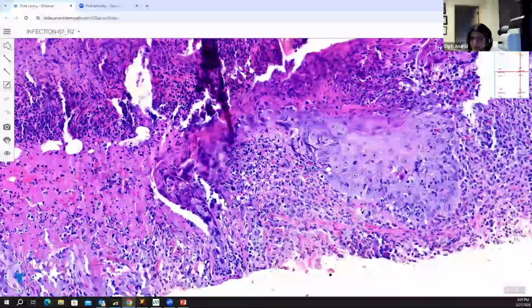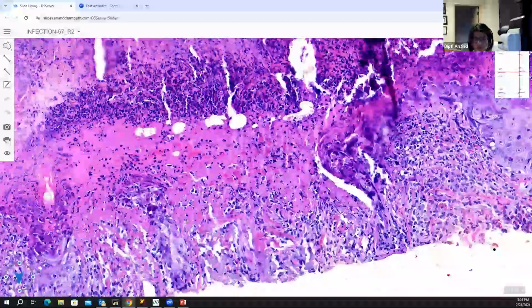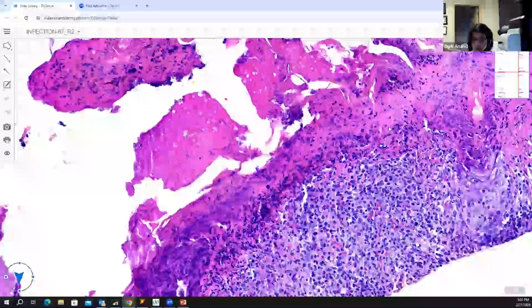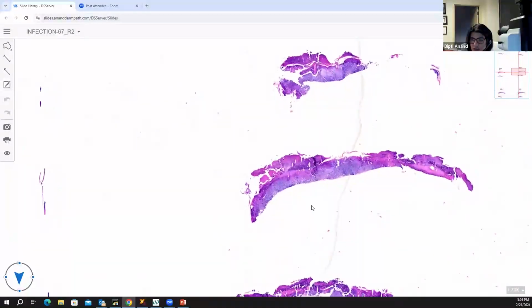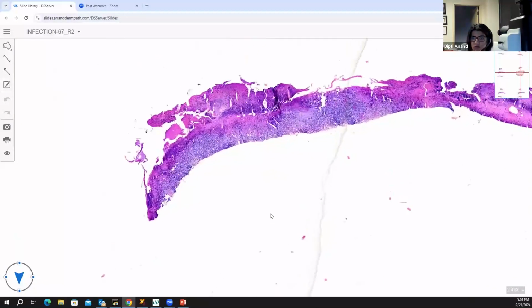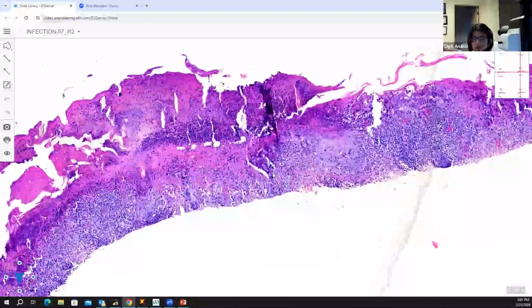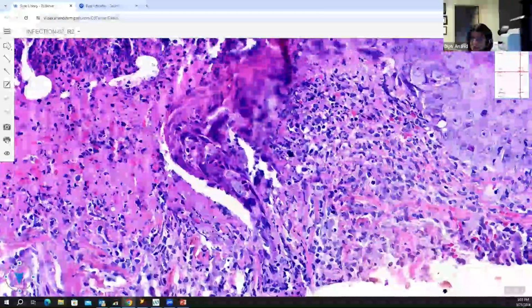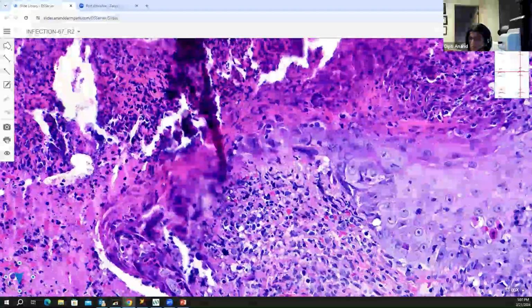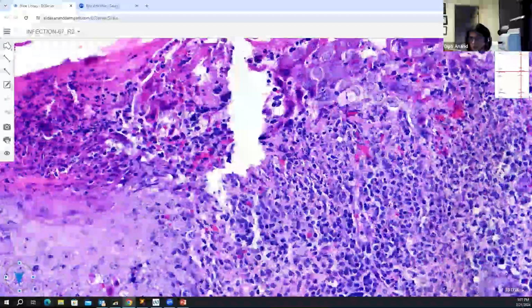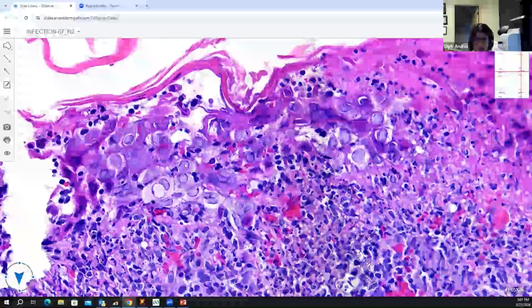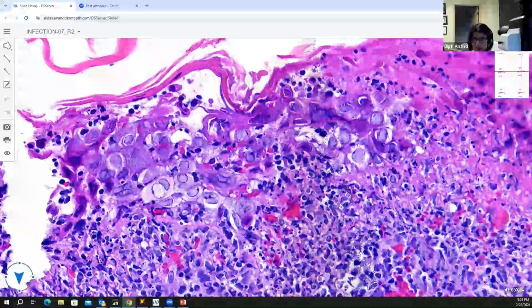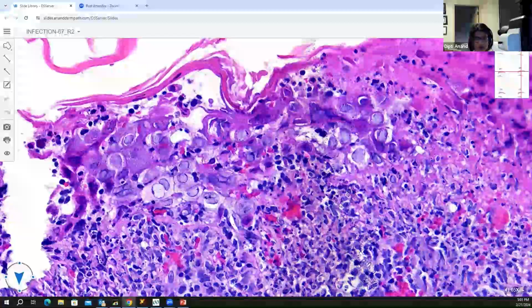And within the ulcer bed, let's see, where are you seeing the, oh, here. So you can see, this is almost like a Tzanck smear. You can see the nice margination and the multinucleation. So these are beautiful virally infected cells. So that's a herpetic ulcer.